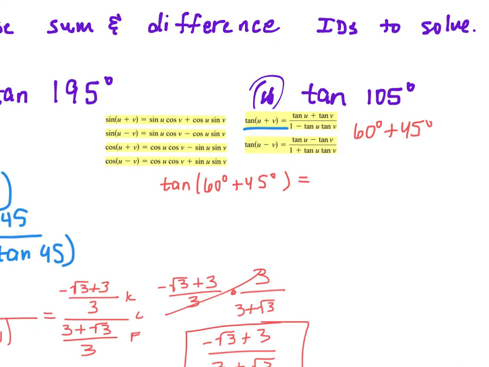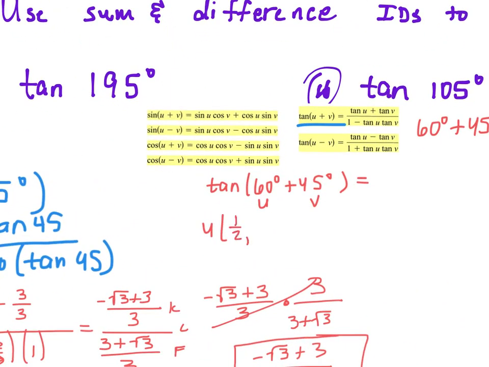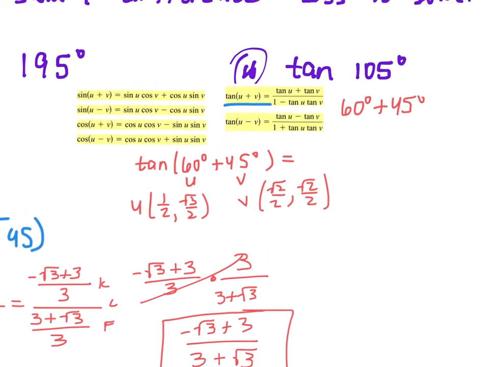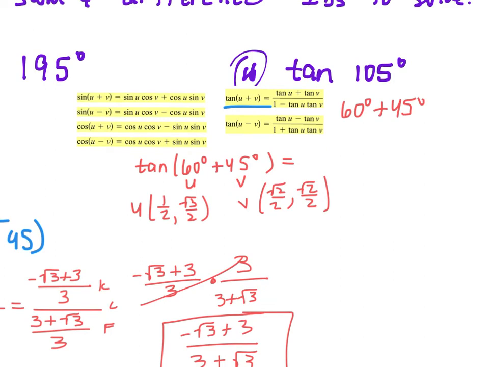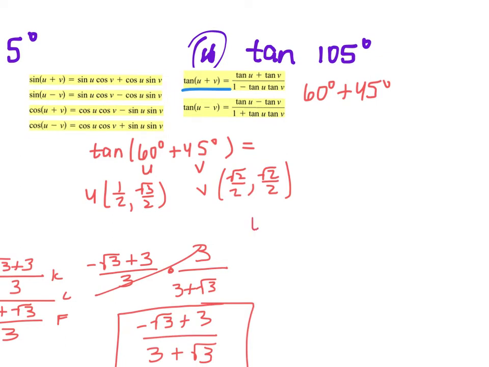Again, this is my u, this is my v. My ordered pair at 60 is 1/2 comma root 3 over 2. My ordered pair for v, which is 45, is root 2 over 2, root 2 over 2. I'm going to use the tangent angle plus angle formula, so I'll write tangent of 60 plus 45.